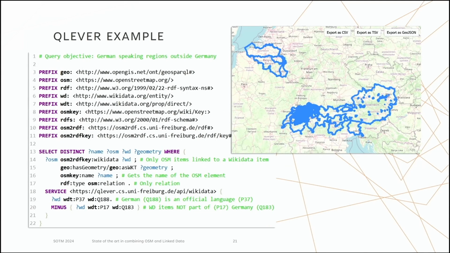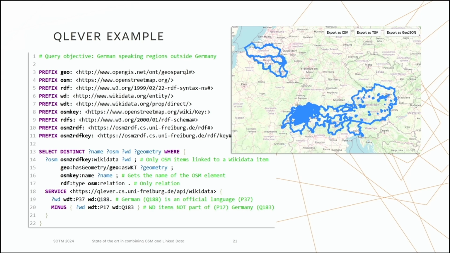Just to demonstrate the power of this type of combination, I have made an example. Suppose I wanted to know which are the regions outside of Germany where German is the official language. This information is not available only on OpenStreetMap, and it's not available only on Wikidata. To get it, along with the wanted geometry, we need to combine these sources.